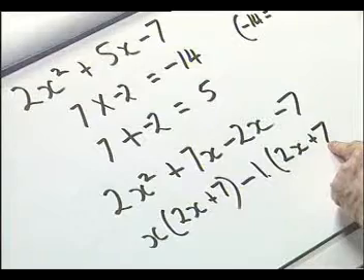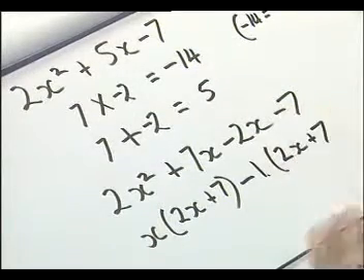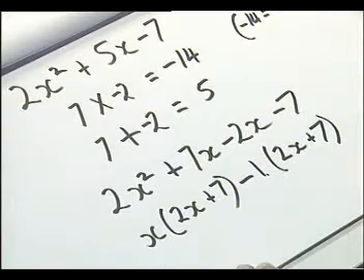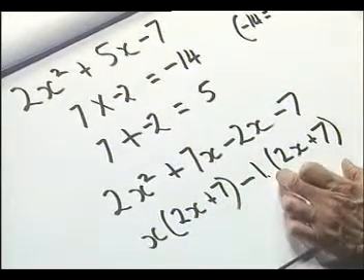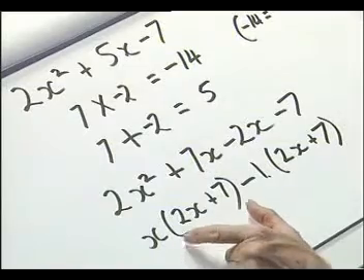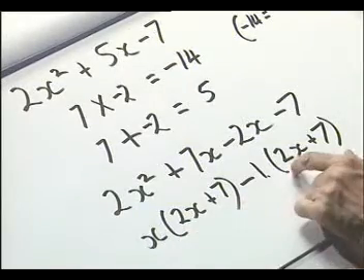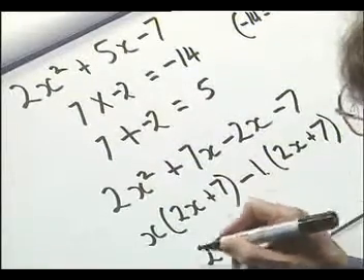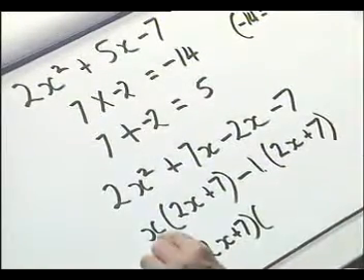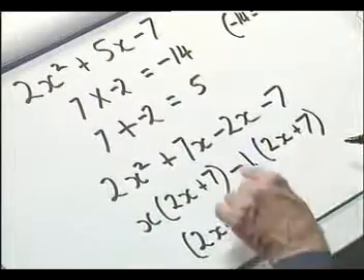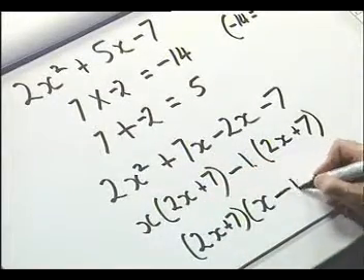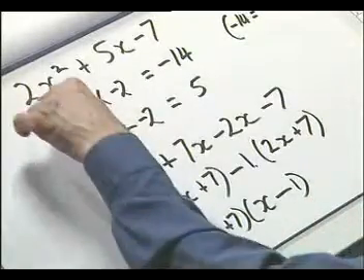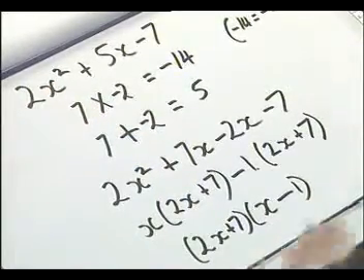Minus 1 times plus 7 gives us minus 7. We close the bracket. Two lumps of algebra again, and in each one there's this common factor of 2x plus 7. So we'll take that out, 2x plus 7, and that's multiplying x, and it's multiplying minus 1. And so we have got this factorization of the expression that we began with.